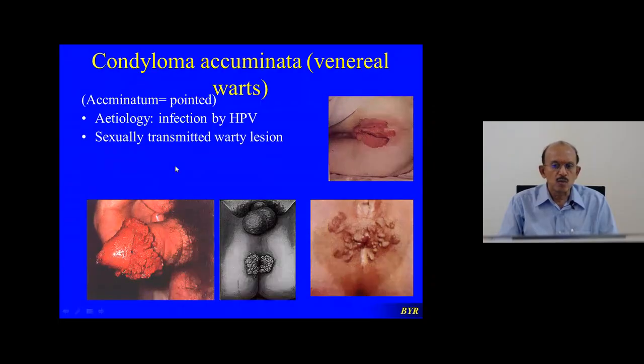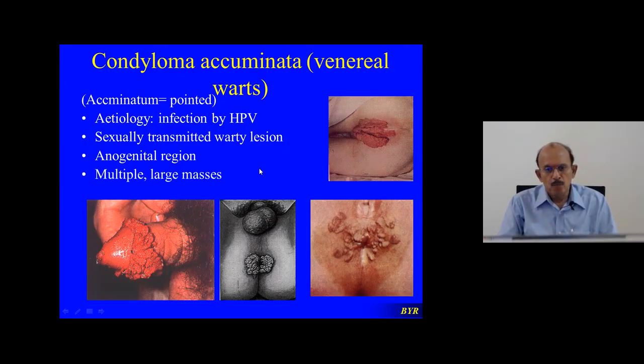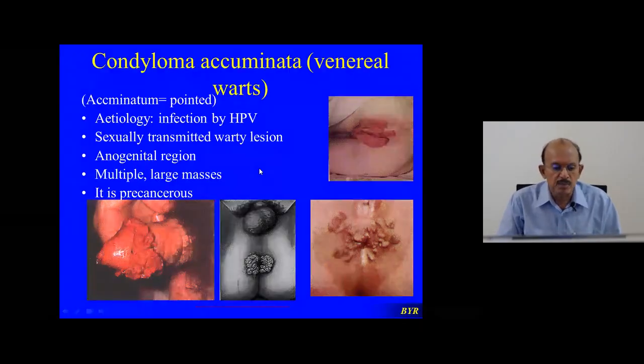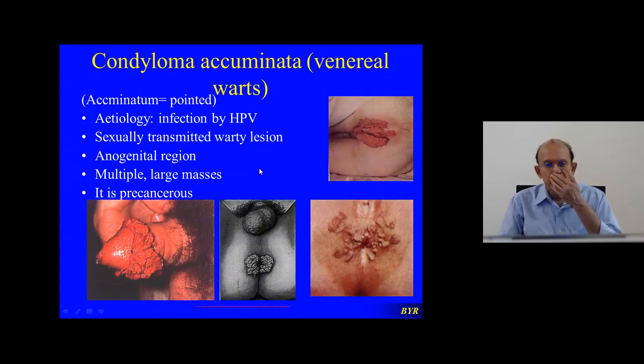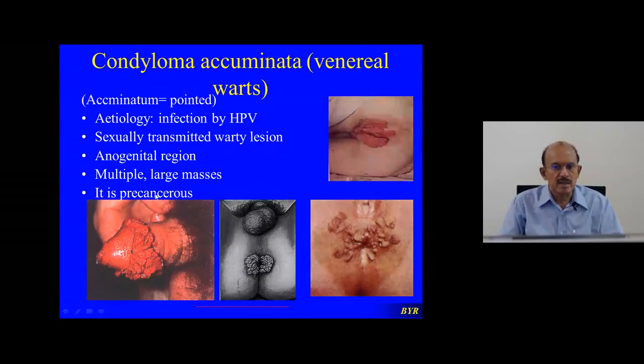Sexually transmitted warty lesion. It occurs in the anogenital regions. Multiple large masses. It is precancerous. So the common wart is not premalignant, but this venereal wart is premalignant.